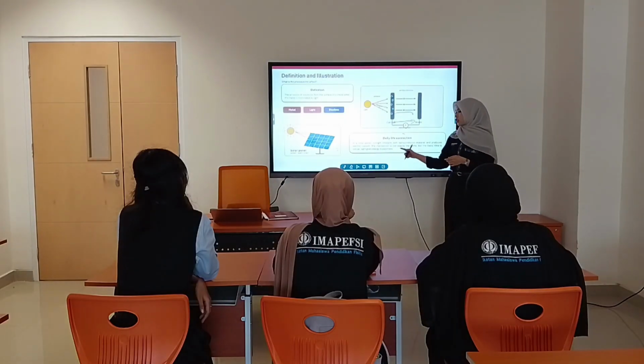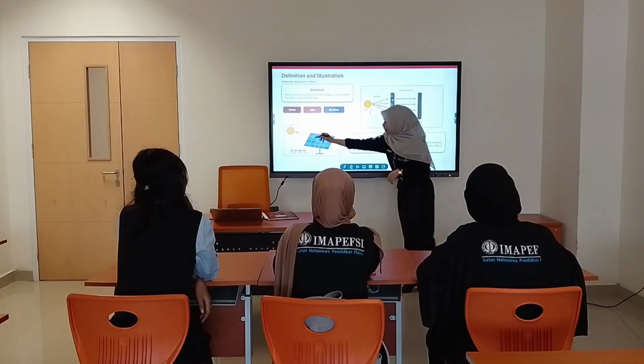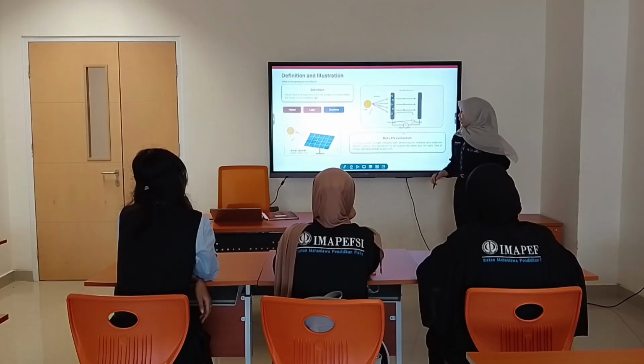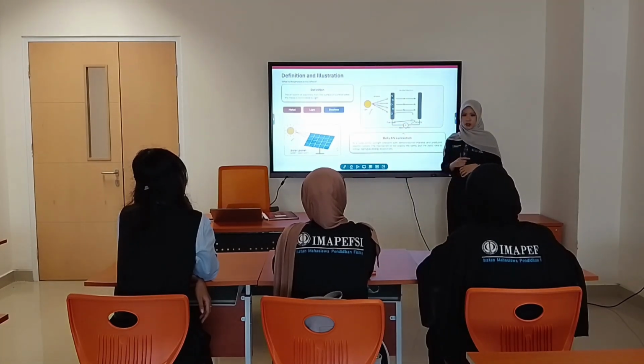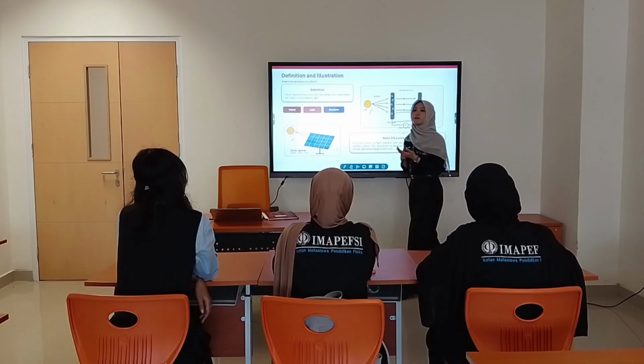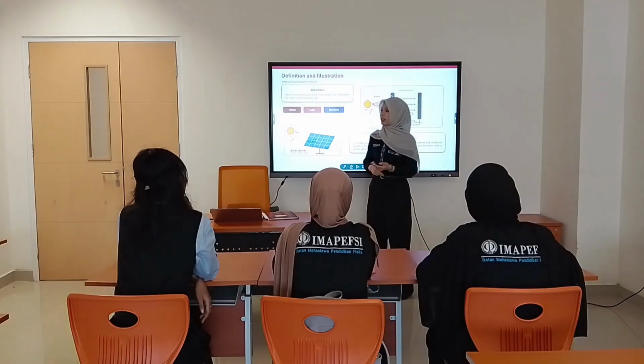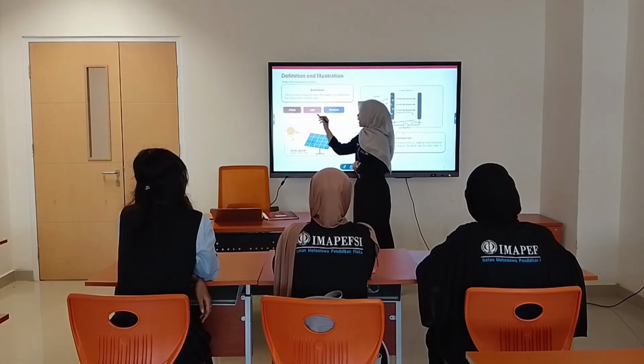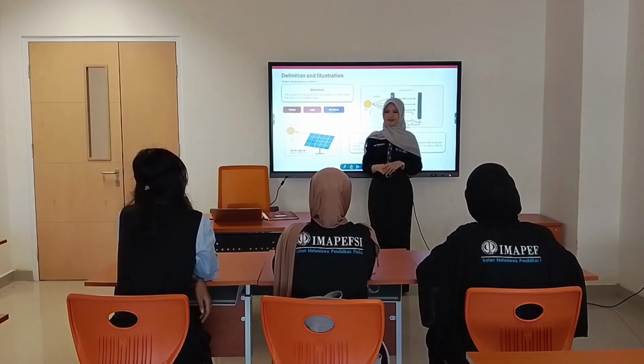Honestly, the mechanism is not exactly the same, but the basic idea is familiar: light gives energy to the electrons to produce electric current. That's it. So there are three keywords that you need to remember about the photoelectric effect: metal, light, and electrons.